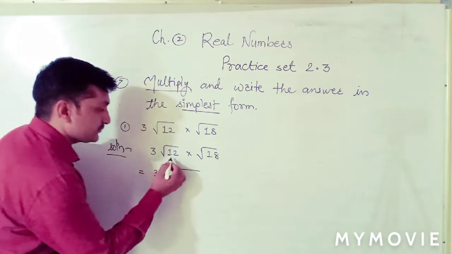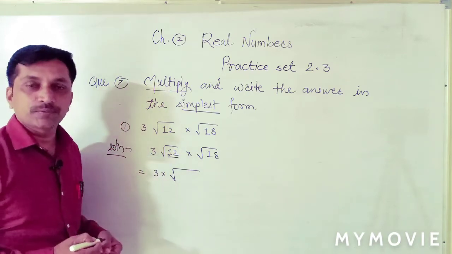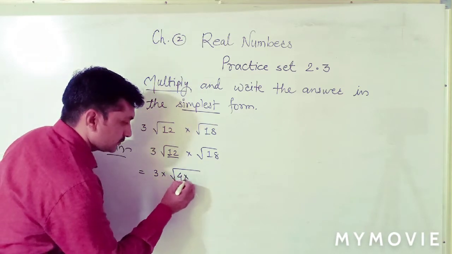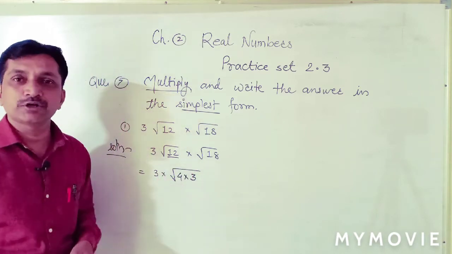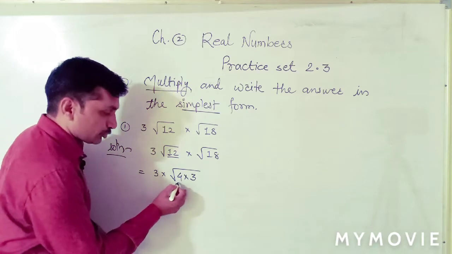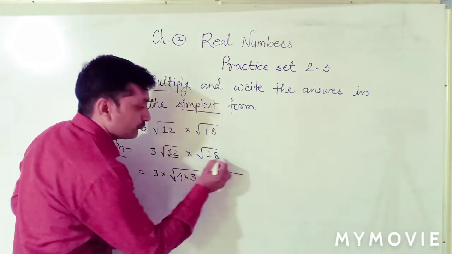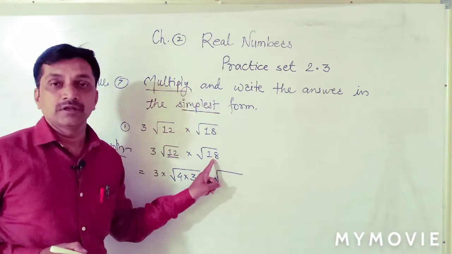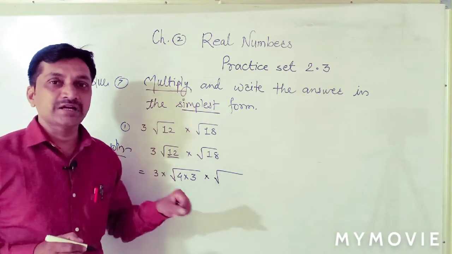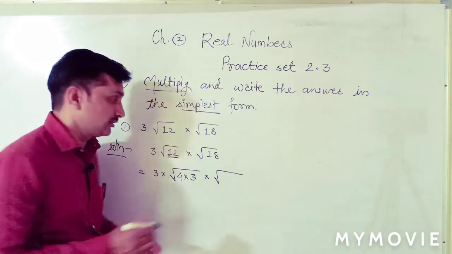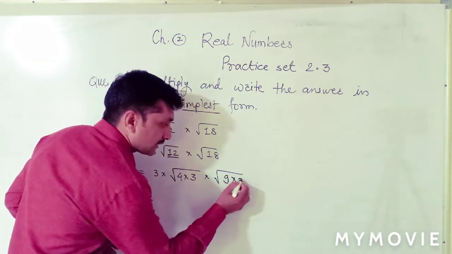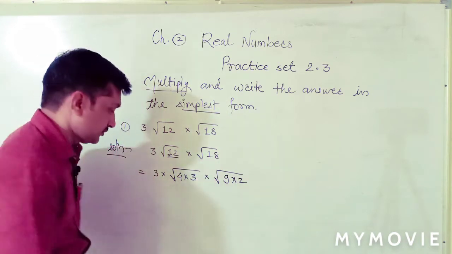Now how to factorize 12? Factors of 12 are 4 3s are 12. In that 4 is perfect, 3 is non-perfect. Multiplied by square root of 18. Here also factorize 18 in such a way that one number is perfect, the second non-perfect. 9 2s are 18, 9 is perfect, 2 is non-perfect.